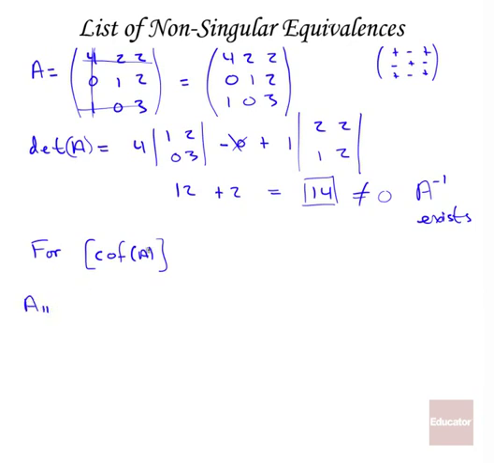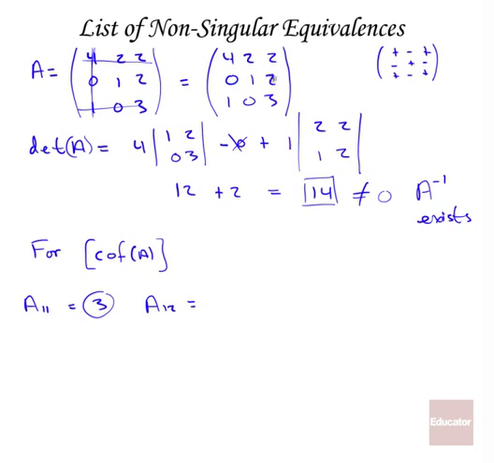A1,1. So I go up here, A1,1. That means I knock out this row, this column, and I'm left with 1, 3, 2, 0. And the determinant of that is 1 times 3 is 3, minus 0 is 3. It's positive. A1,1 is 3. A1,2. I go up here, first row, second column. I knock that out, I knock that out.